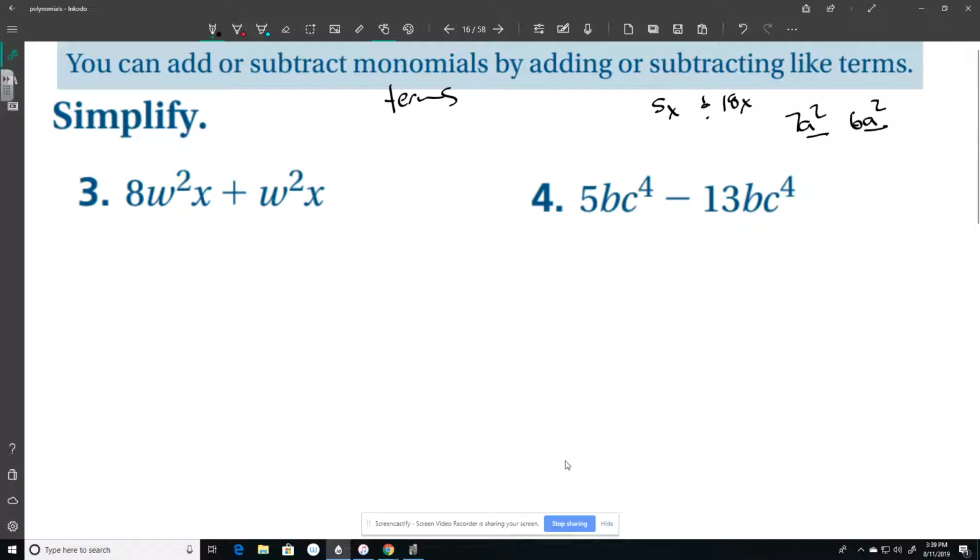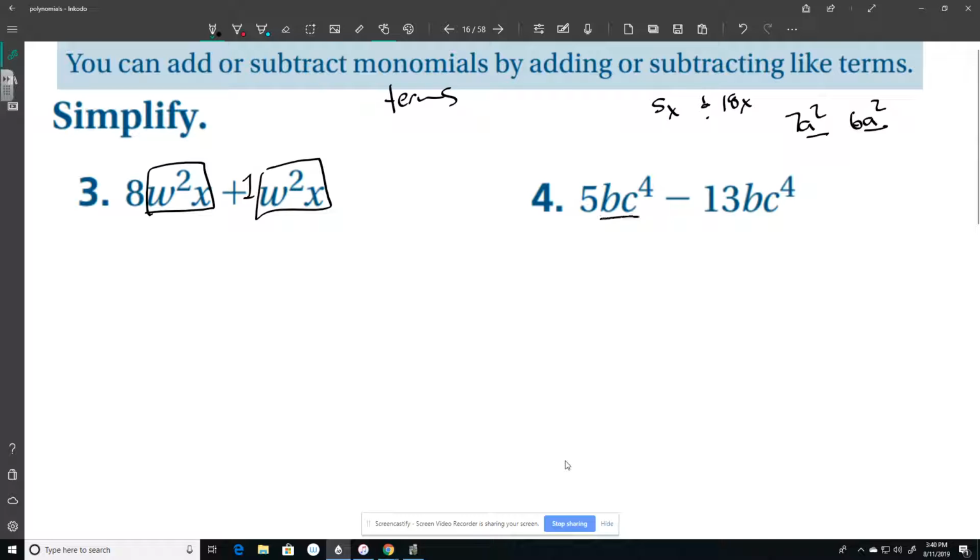What's different this year is instead of just having an x or an a or an x squared or a y squared, sometimes we combine more than one variable.